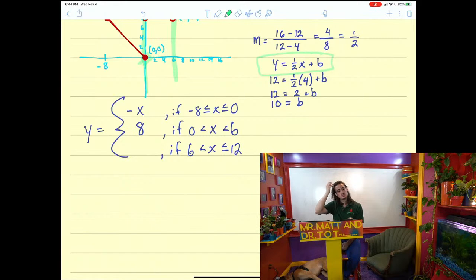So we get 12 is equal to 2 plus b, and so b is equal to 10. So the actual equation here would be y is equal to 1/2 x plus 10 if 6 is less than x, which is less than or equal to positive 12.